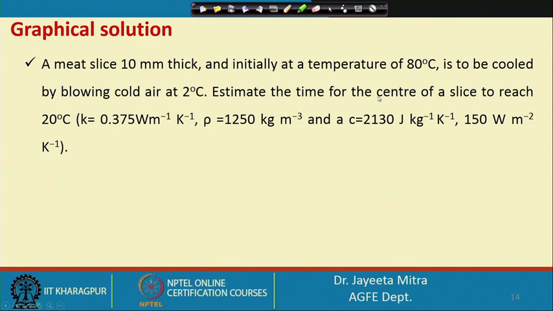Estimate the time for the center of a slice to reach 20 degree Celsius, and the properties of the material are given here. K equal to 0.375 watt per meter Kelvin. Rho is the density of the meat, that is 1250 kg per meter cube, and C which is the specific heat, that is 2130 joule per kg Kelvin.